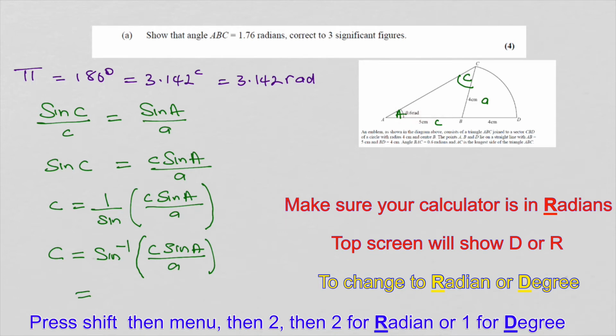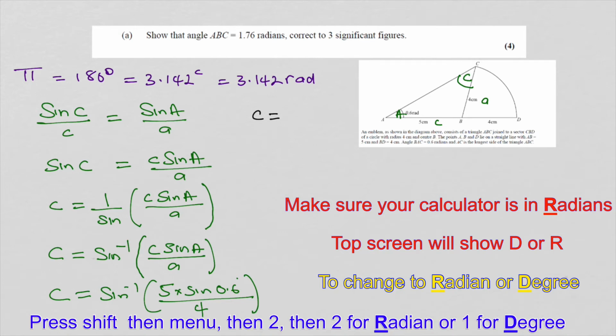So now we can plug in those values and we can calculate C. So for C, we can have inverse sine, open bracket, 5, because little c is 5, times sine 0.6 divided by 4, close bracket. And in this case, you press Shift sine to get the inverse sine. And then you press the fraction key because we're dealing with a fraction here.